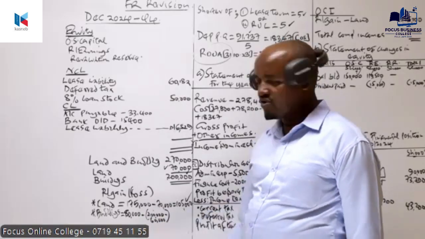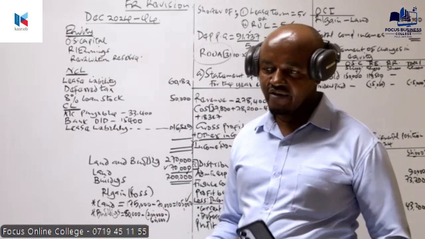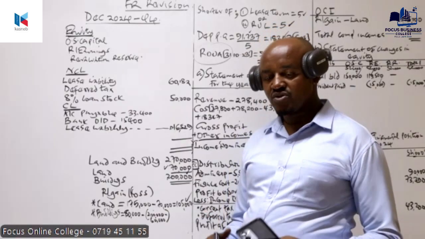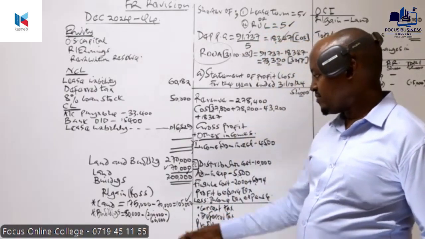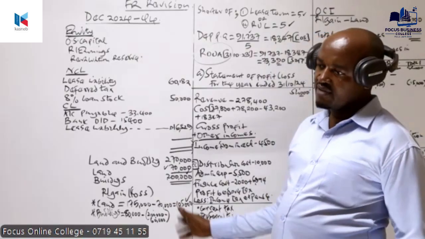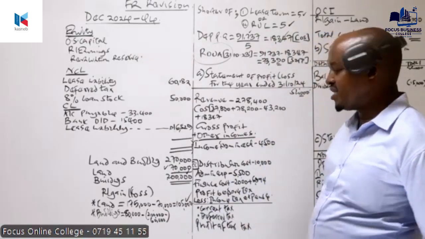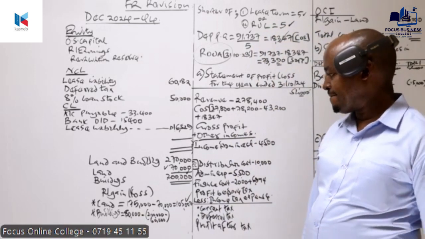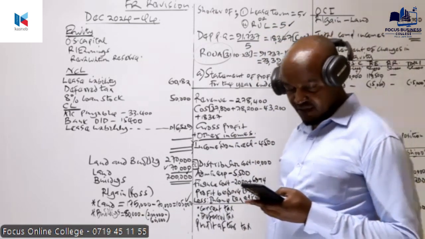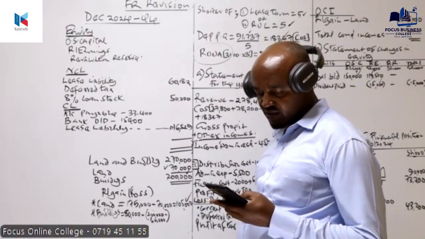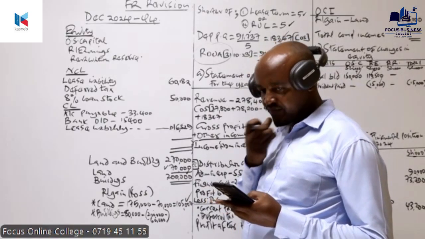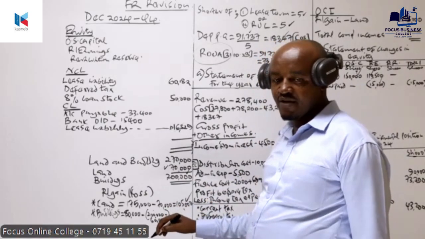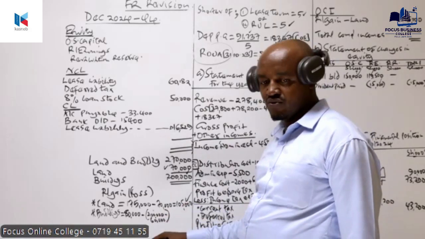The buildings were revalued to 80 million, meaning that the value for buildings reduced. The buildings were revalued downward because the net book value is 140, and they were revalued all the way to 80 million. So there was a revaluation loss of 60 million, from 140 all the way to 80.